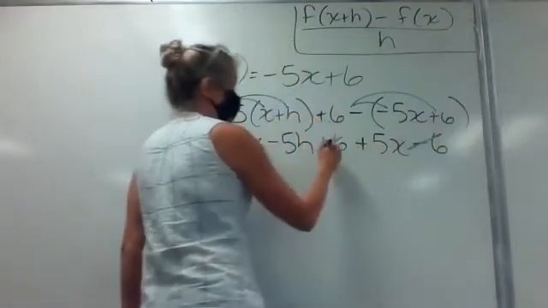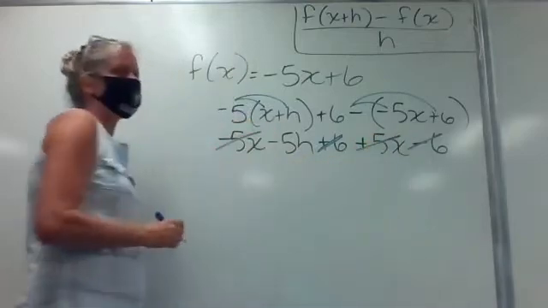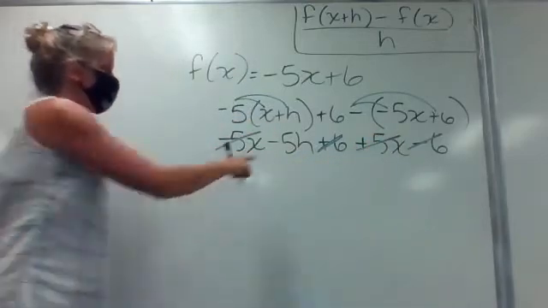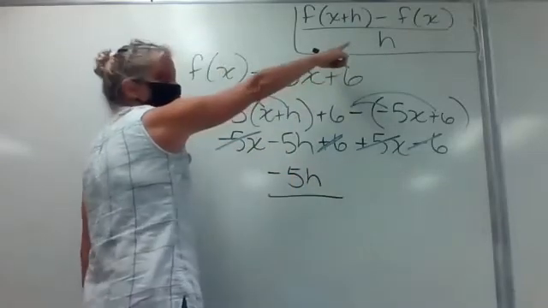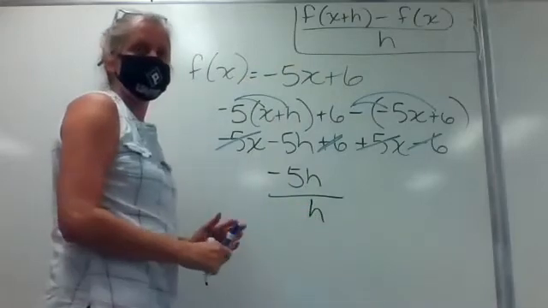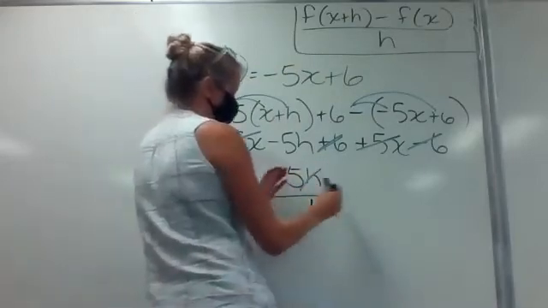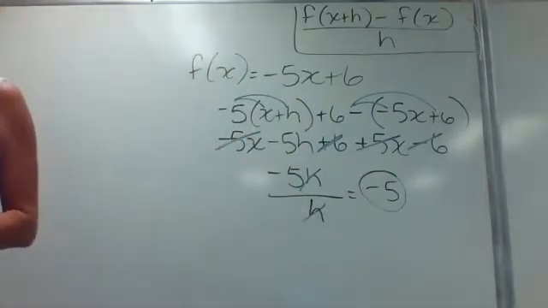So the negative 6 cancels the positive 6, the positive 5x cancels the negative 5x. So all you're left with is negative 5h. Your denominator's h. And the h's cancel. So you're just left with negative 5, like we knew that we would.